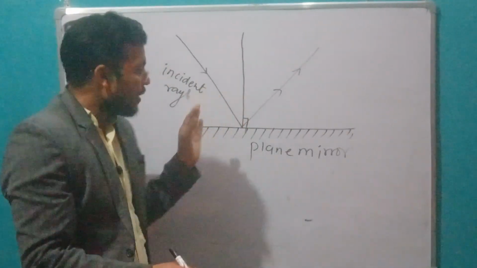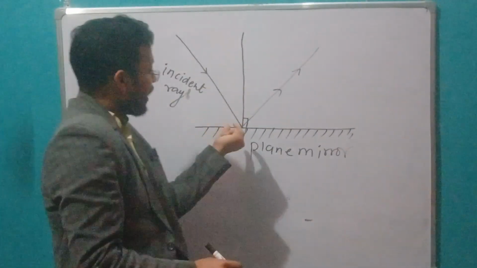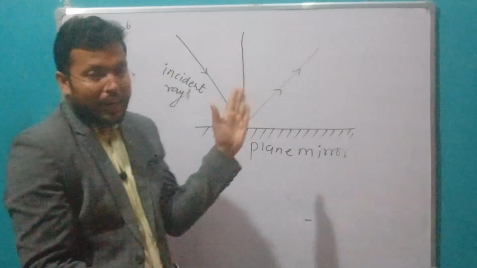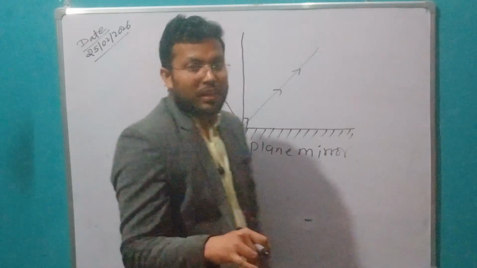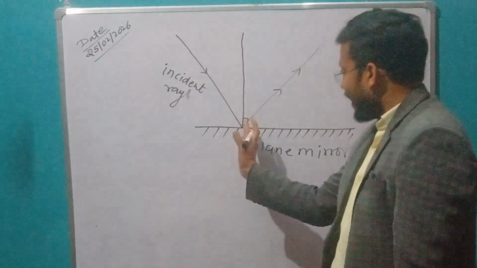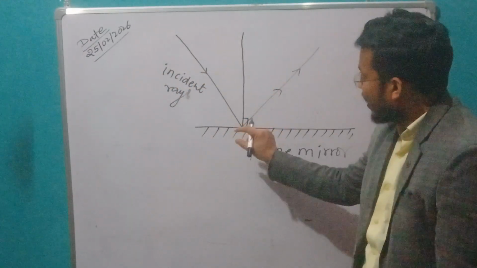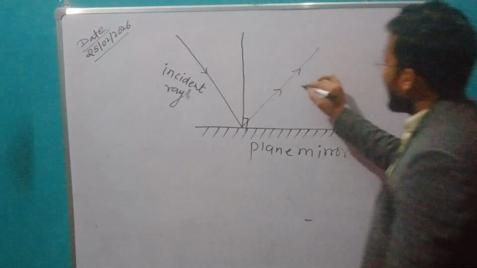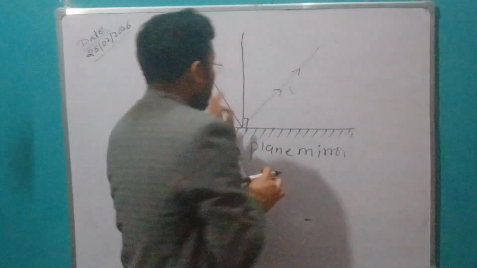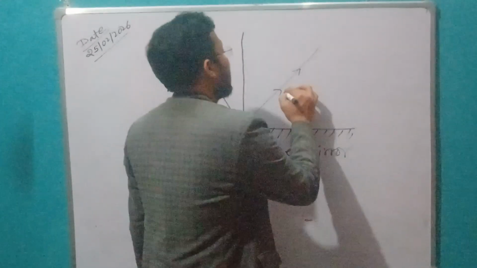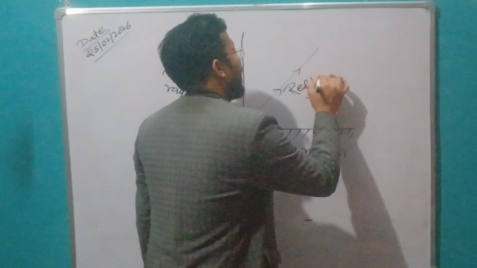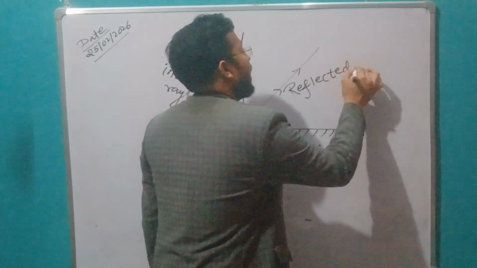After that, the ray reflects in the same medium. After the reflection, the light turns back, and this ray is known as the reflected ray.